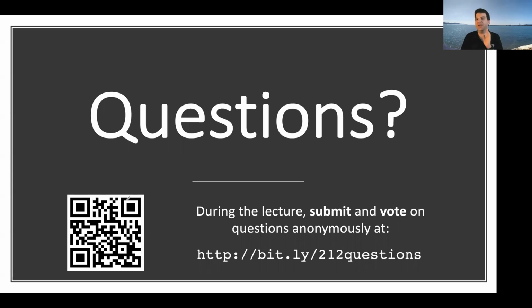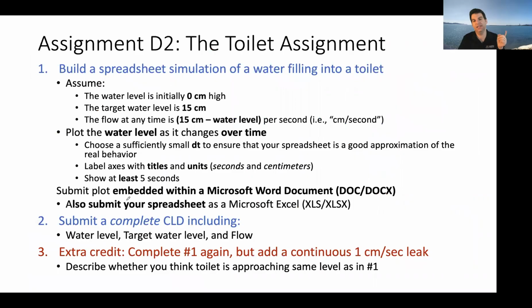All right. So now that you've learned how to do this bacterial example, let's make it a little more exciting. This is your assignment D2, where in the spreadsheet, you're going to simulate a system which is similar in complexity to the bacteria, but is a very different system. The bacteria ends up being a growth process.